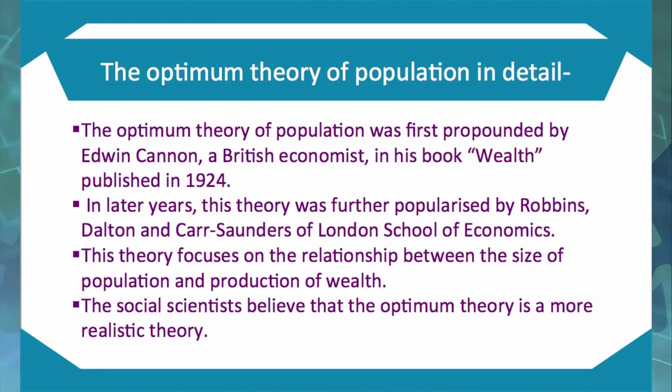Because the Malthusian theory establishes a relationship between population growth and food supply, and is thus termed by social scientists as a general theory which studies the population problem of a country in keeping with its economic conditions.